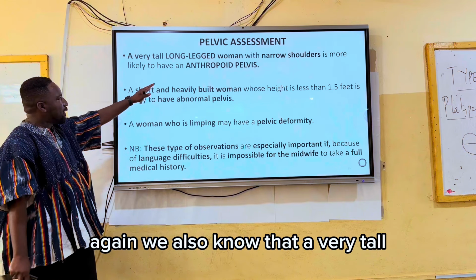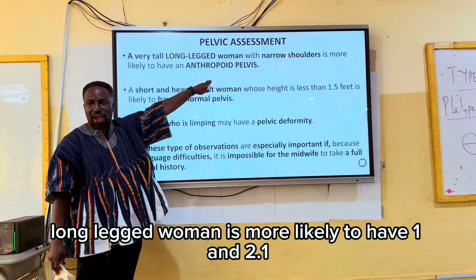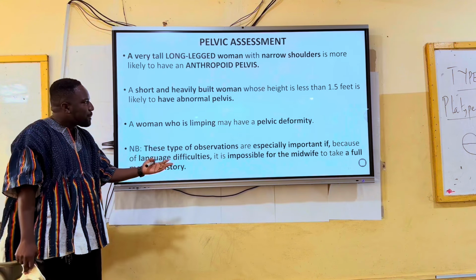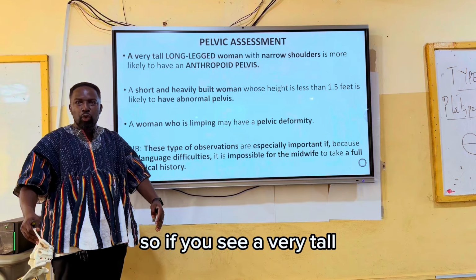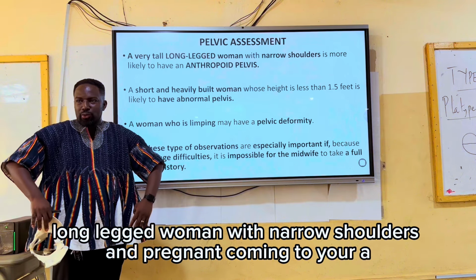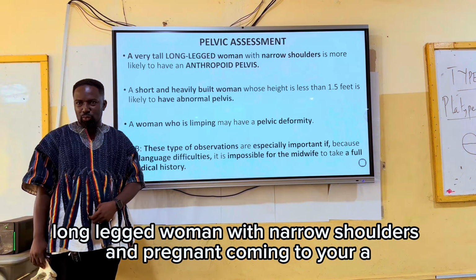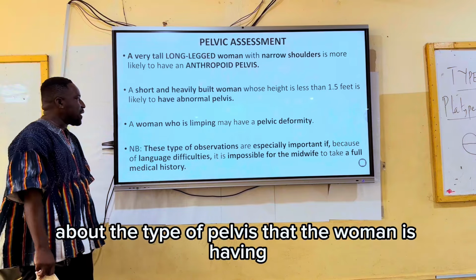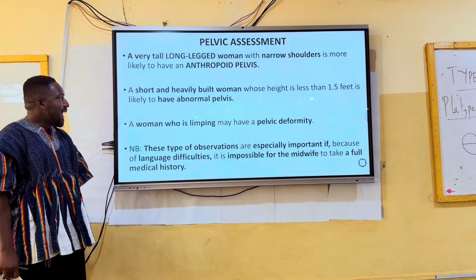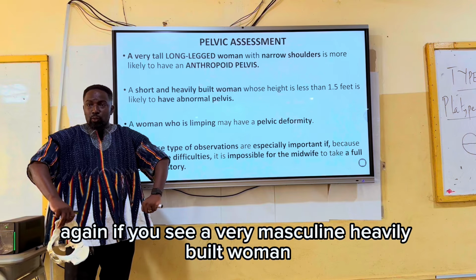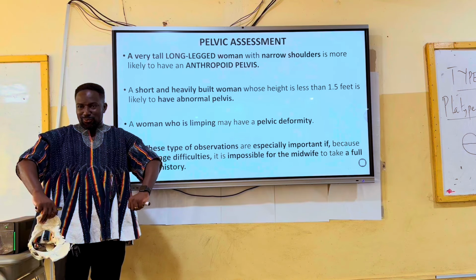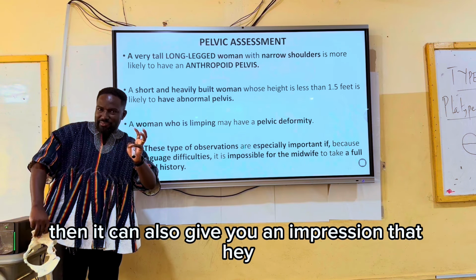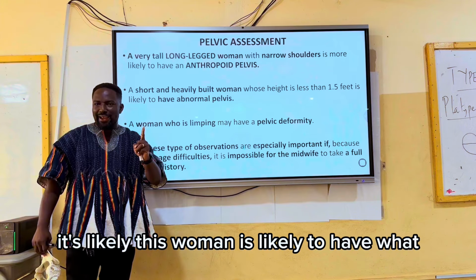Again, we also know that a very tall, long-legged woman is more likely to have what? Anthropoid pelvis. So if you see a very tall, long-legged woman with narrow shoulders and pregnant coming to your ANC as the one in charge, that physical observation alone should give you a clue about the type of pelvis that the woman is having. Again, if you see a very masculine, heavily built woman, then it can also give you an impression that it's likely this woman is likely to have what?